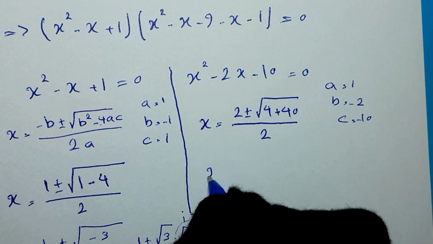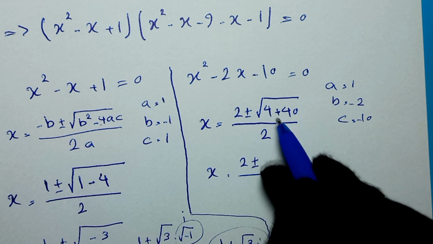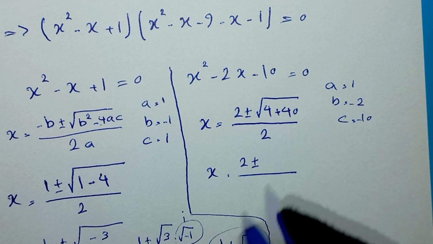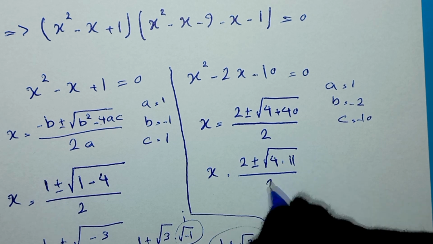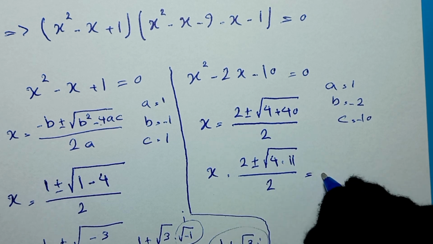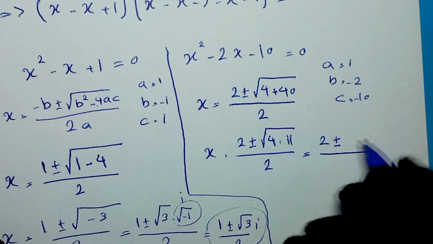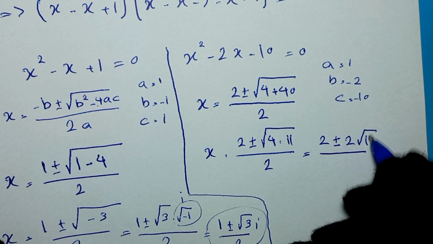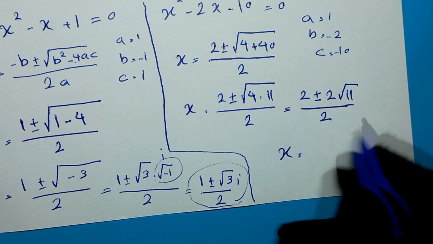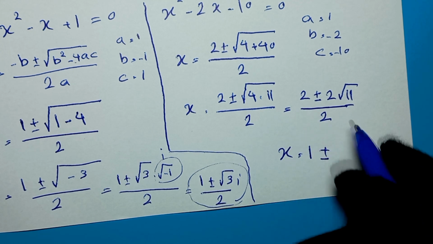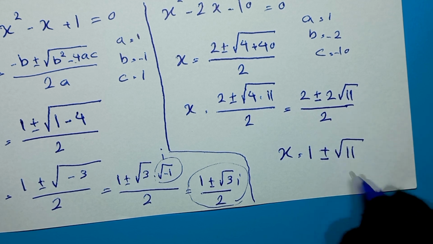And from here, x is equal to 2 plus or minus the square root of 4 plus 40, which is 44, and we can write 44 as 4 times 11, over 2. It will be 2 plus or minus the square root of 4, which is 2, so 2 times the square root of 11, over 2. And from here, x is equal to 2 over 2, which is 1, plus or minus, and 2 square root of 11 over 2 will be the square root of 11.